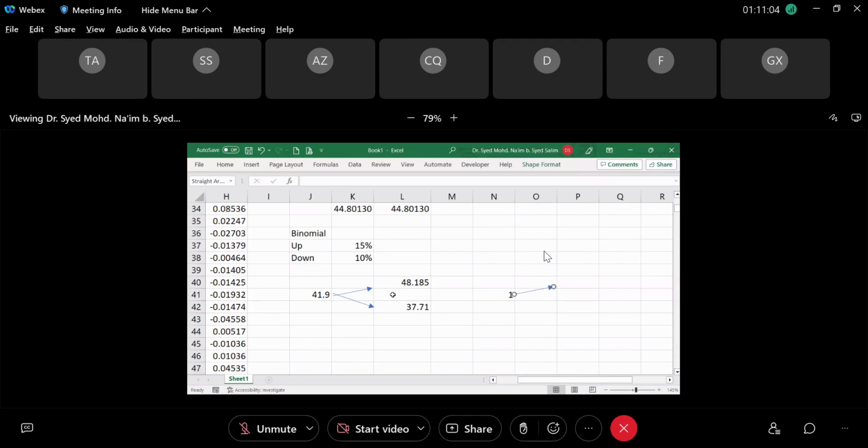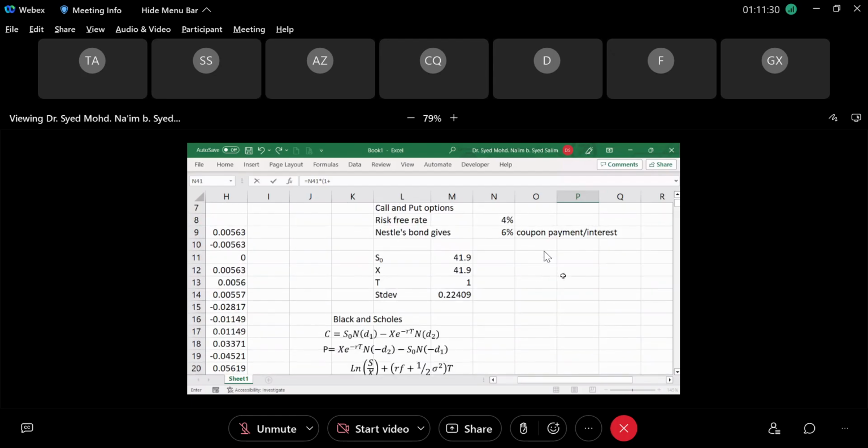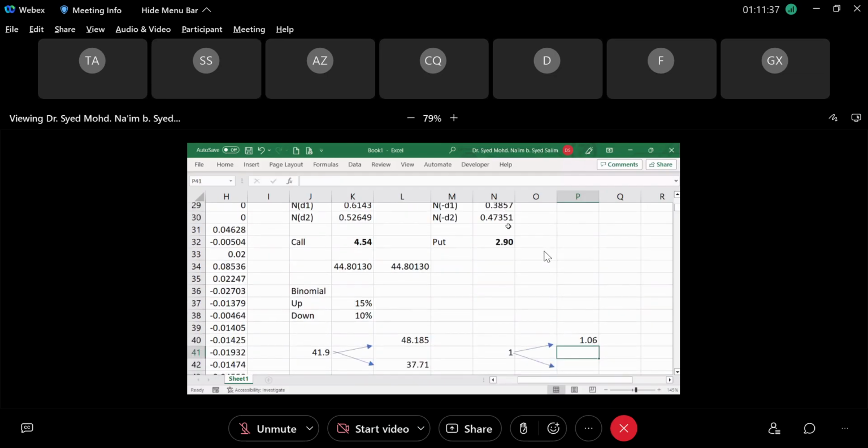So for the bond, at the end of the period, it becomes that times, plus 6%. So the bond goes both ways.